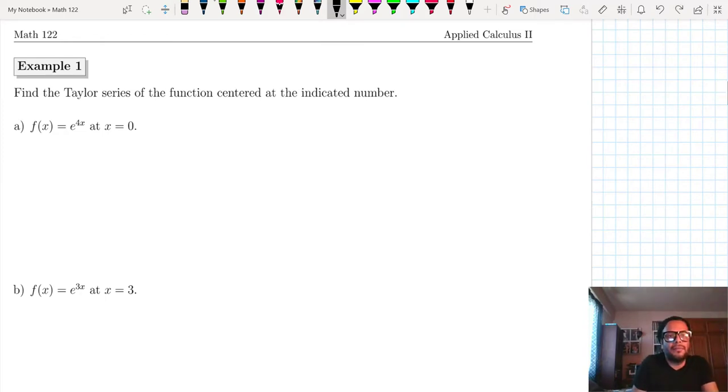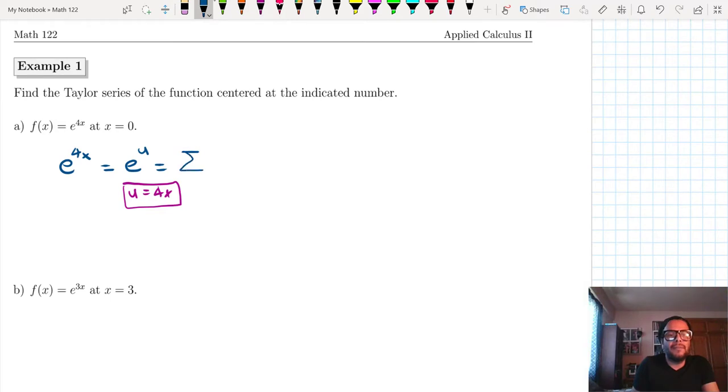I'm going to represent this in terms of u, e to the simply u, where u is simply 4x. What is the series representation for e to the u?